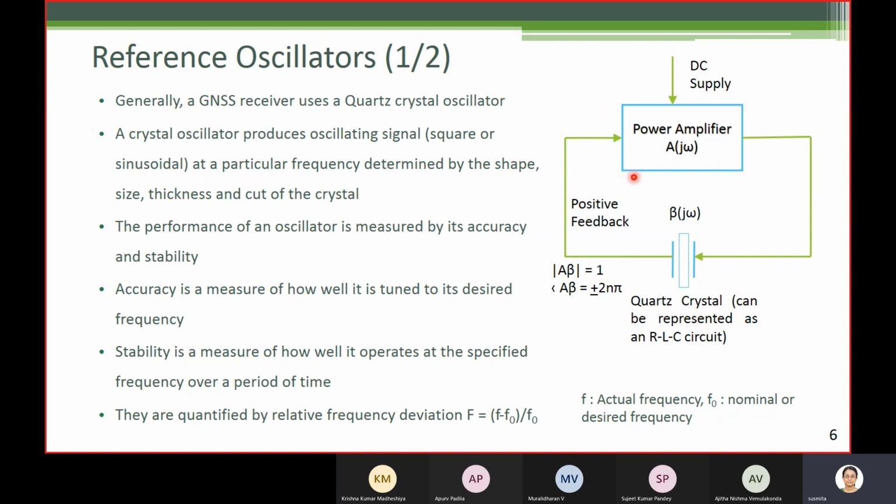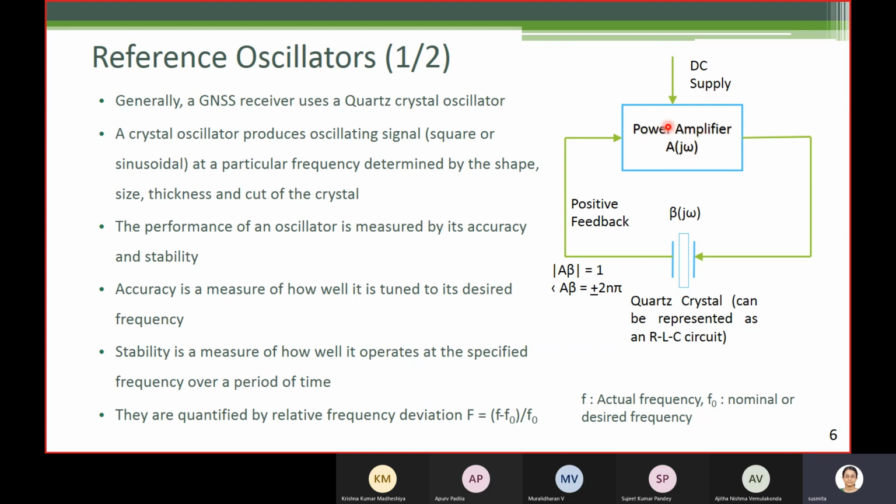Okay. In the forward path of the feedback control loop, there is a power amplifier. The job of the power amplifier is to amplify the input signal power. So whatever signal is fed to the amplifier, the power of the signal, we define signal power. So the power is amplified by the amplifier and then output. It is driven by a DC supply.